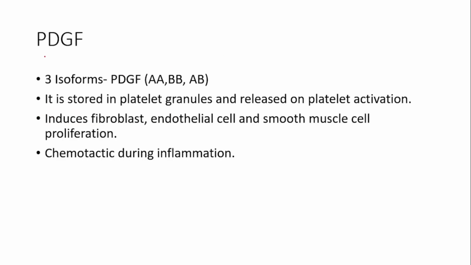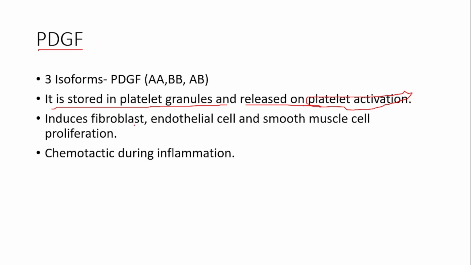So next is platelet derived growth factor. There are three isoforms of PDGF, that is AA, AB and BB. As the name suggests, platelet derived growth factor is stored in the platelet granules and it is released on platelet activation. So whenever the platelets get activated, PDGF is released, and thereby recruitment of other platelets takes place.